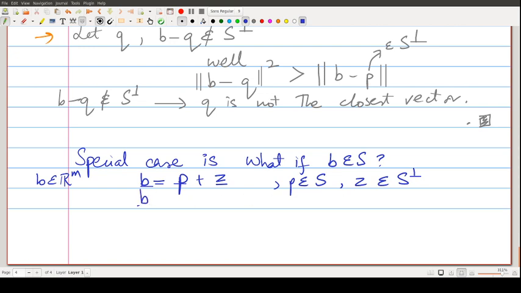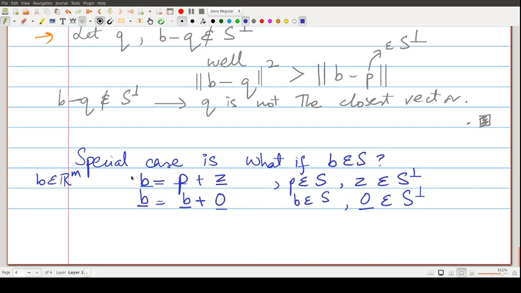But of course b can also be written as b plus 0. I have written it as a sum of two vectors. One of them is in S and the other is the 0 vector, which is also in the orthogonal complement. The 0 vector is in every subspace. Since the orthogonal complement is a subspace, the 0 vector has to be there.